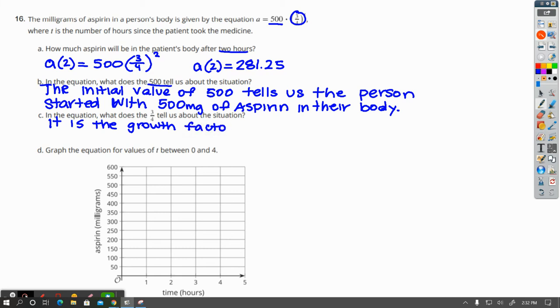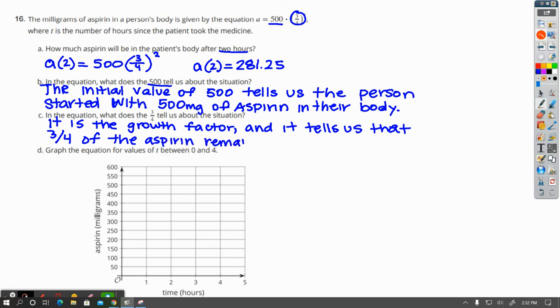So it's the growth factor, and it tells us 3/4 of the aspirin remains each hour.